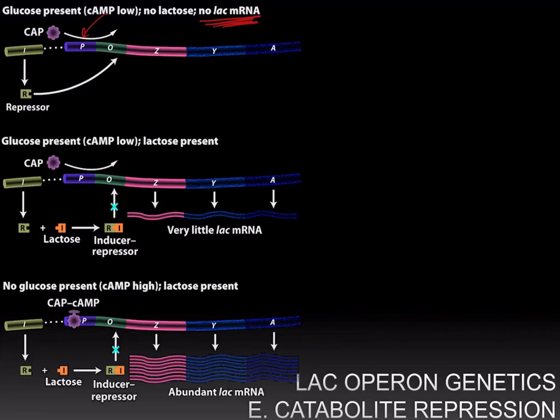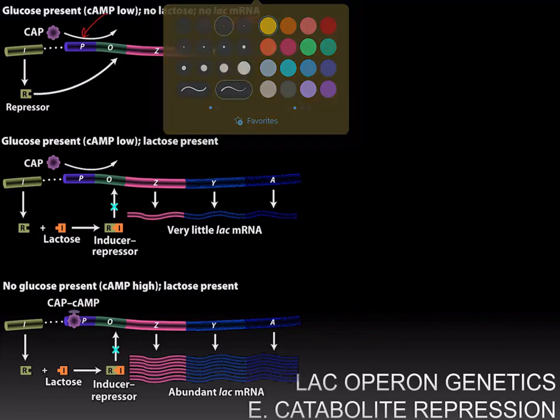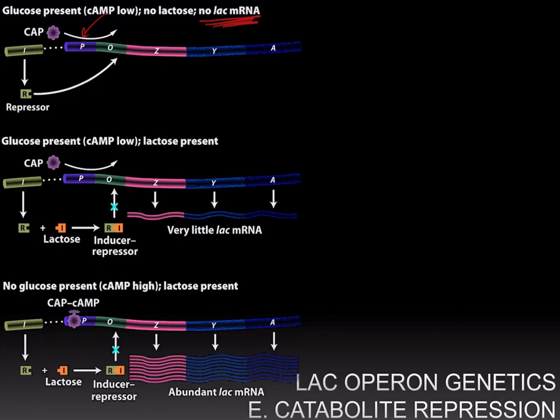The first one that we have discussed extensively is when the repressor prevents transcription, and therefore it has a negative influence on transcription. So that's called negative gene regulation.